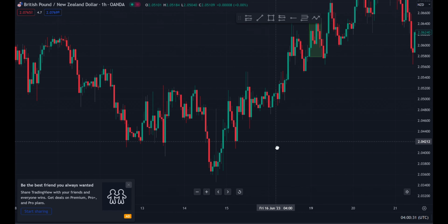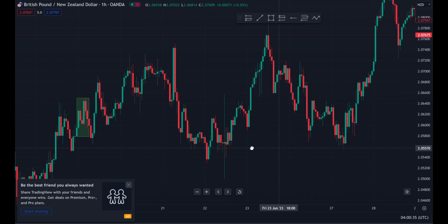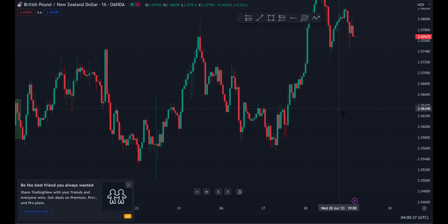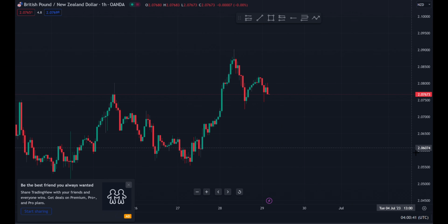I'm not sure it's there, but let me just try to find that. If you're watching this and check back, it might have moved in profits as you wish. So we are seeing this as a drop base rally, but mostly interested in a rally base drop.